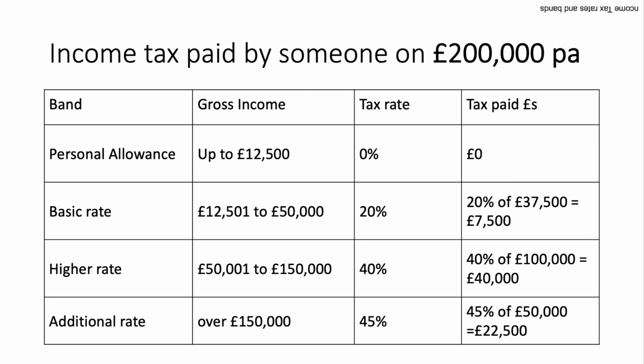The next £100,000 they use up again, they pay that at 40%. They've still got £50,000 above 150,000, so they've got £50,000 to pay at 45%. You can see that they're spending a lot of money on tax here. In total, they're going to spend £70,000 on tax.